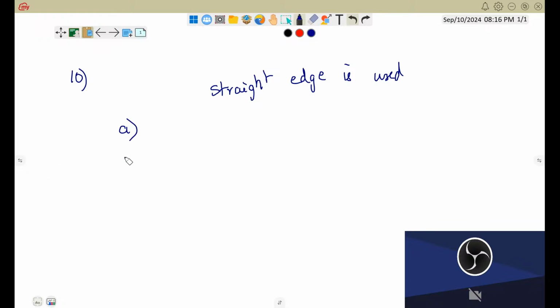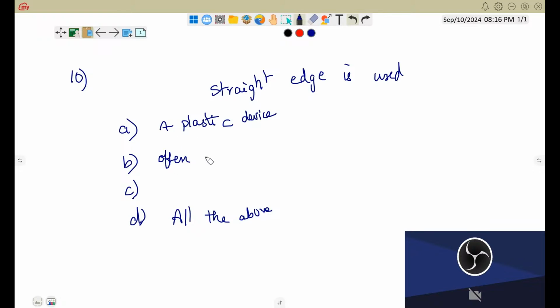See, four options they gave. The fourth option is all of the above. What are the above three options? It is a clear plastic device. Is a straight edge a plastic device only? No, it is not only a plastic device. Next one, often shaped like a triangle. Does it look like a triangle? No. It is used for drawing straight lines.